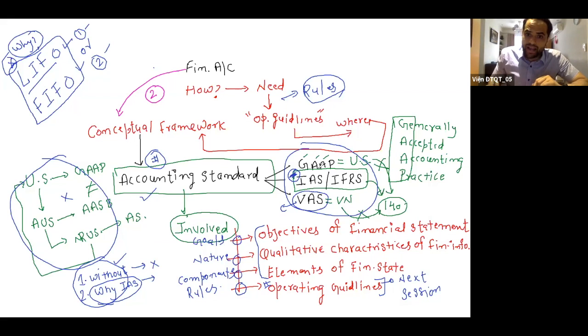Second thing, why international accounting standards is more popular compared to GAAP and VAS, because in order to maintain the consistency, the similarities, the characteristic of comparability. Comparability means we can compare. We cannot compare something which is not consistent.